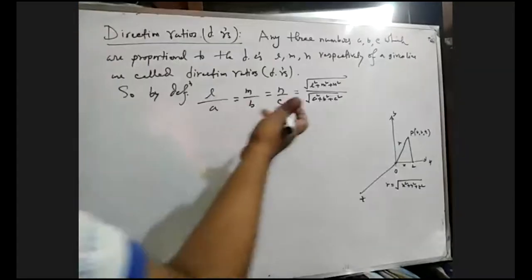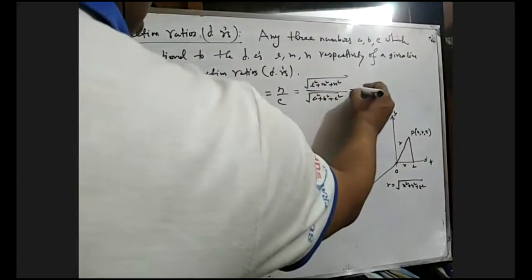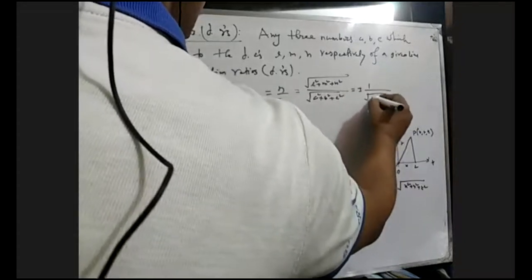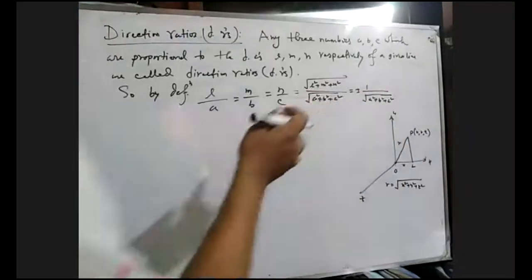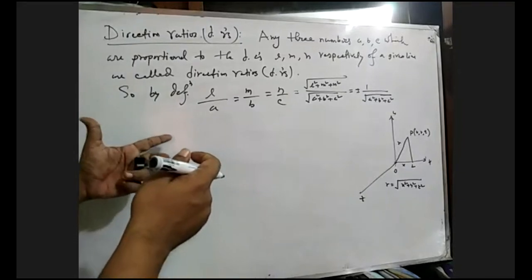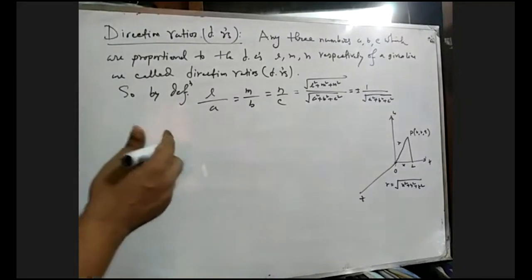This can be written as plus minus 1 divided by root over A square plus B square plus C square, because L square plus M square plus N square equals 1, as I proved in the previous definition.